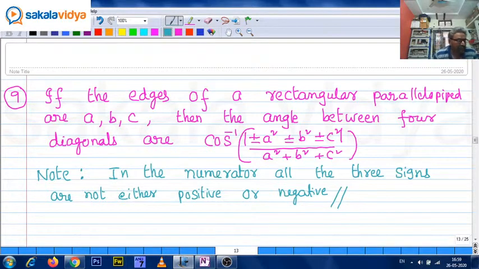If you put A equal to B equal to C equal to A, you get A square minus A square minus A square by A square plus A square plus A square. You will be getting cos inverse of 1 by 3. That is a very important problem. You might have solved it as an LAQ in the board examination also.